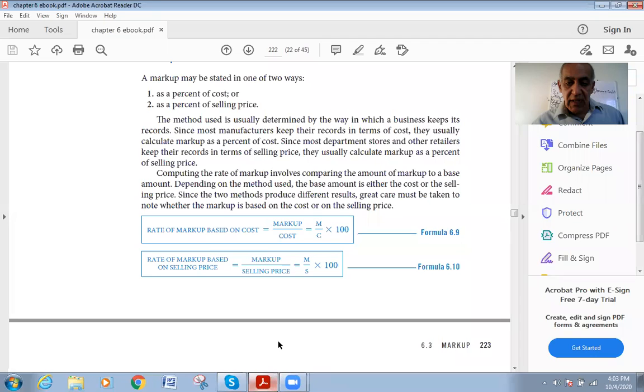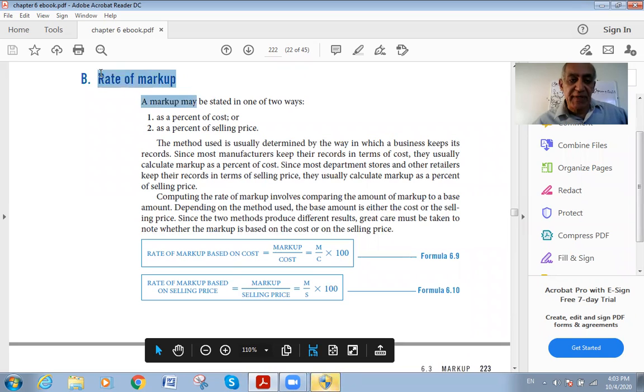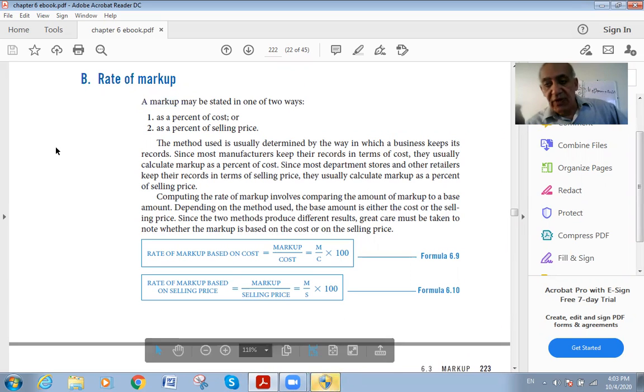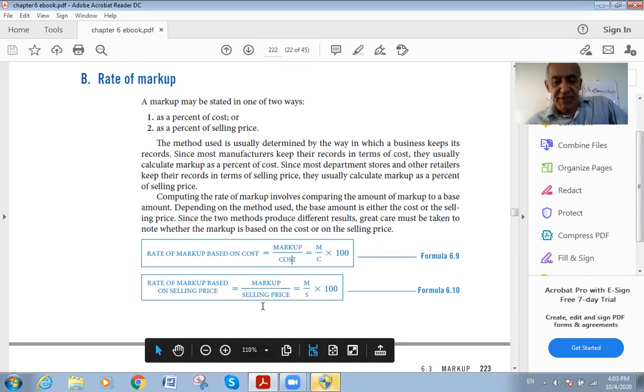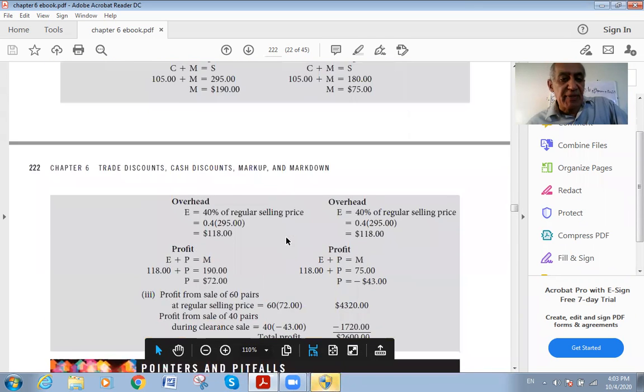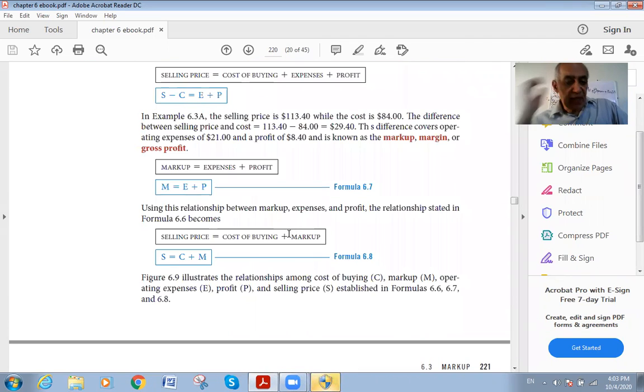Now the rate: how to decide the rate of markup. Any rate will be the markup divided by the costs. And what did we say about the markup? The markup is expenses and the profits.